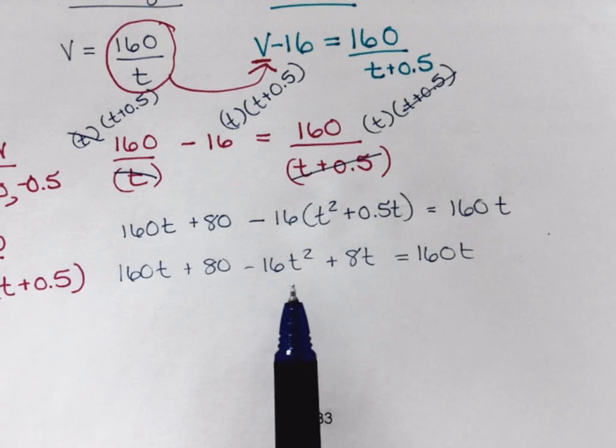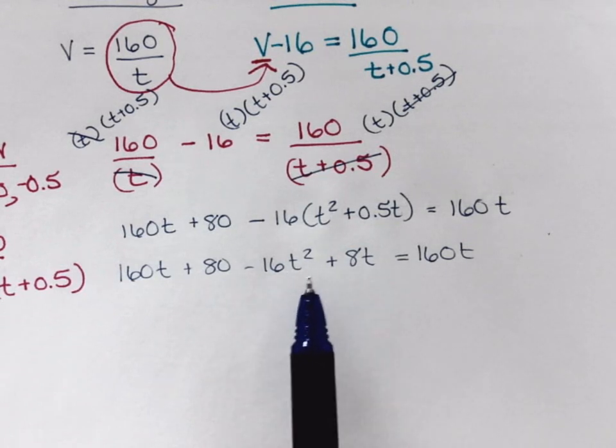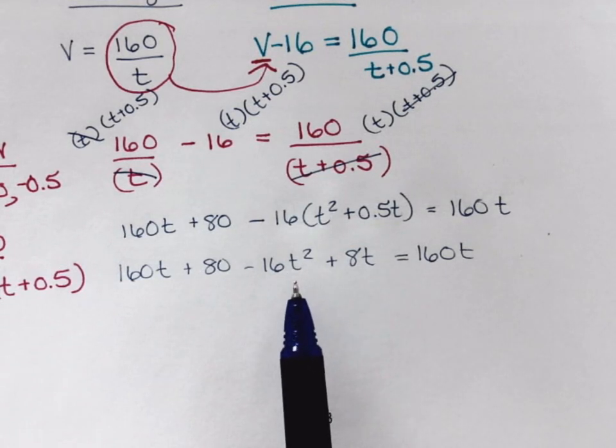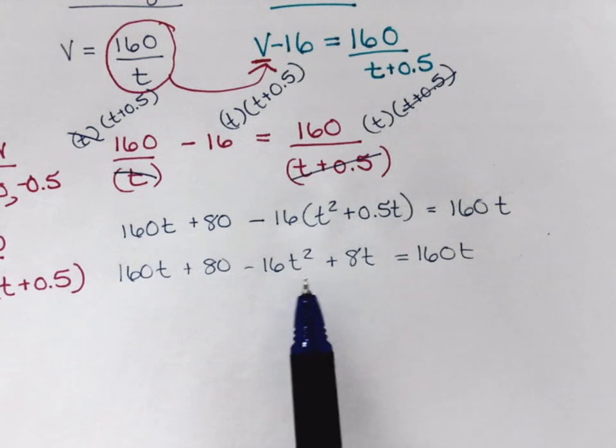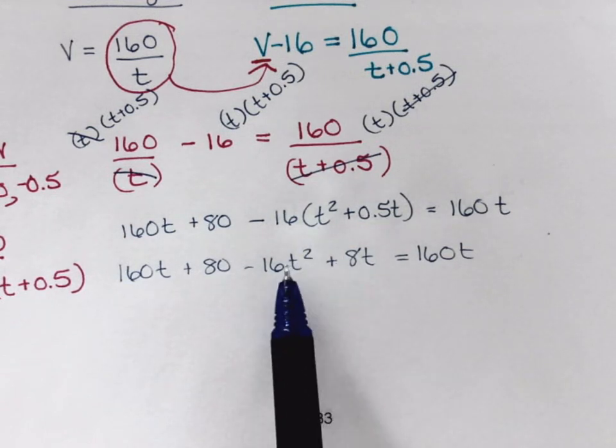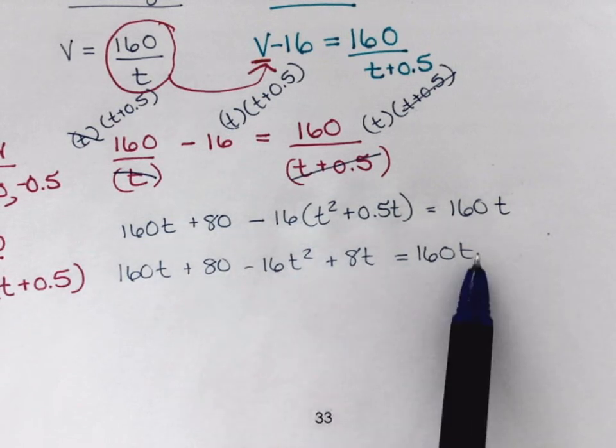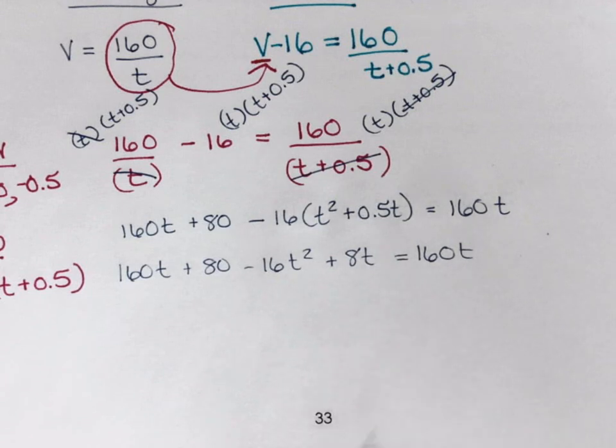Okay, we got a t squared here. What do we know we're going to have to do? We're going to end up factoring, probably complexly, might be common. Do I leave the t squared over here or do I bring it to this side? Up to you, both answers are correct.